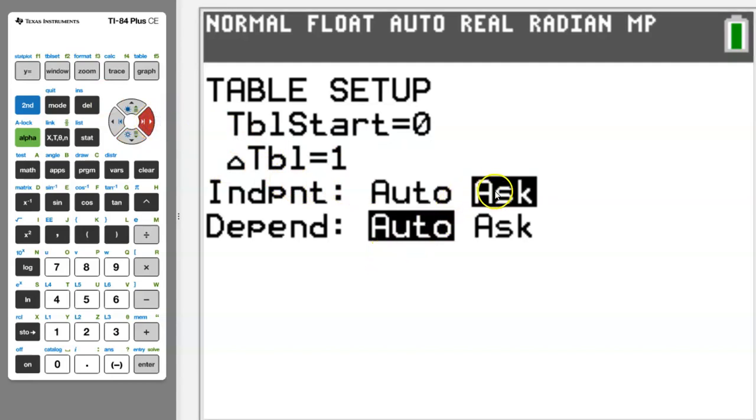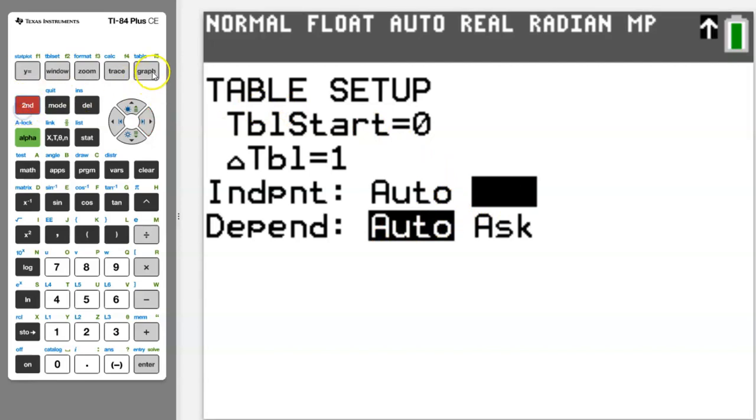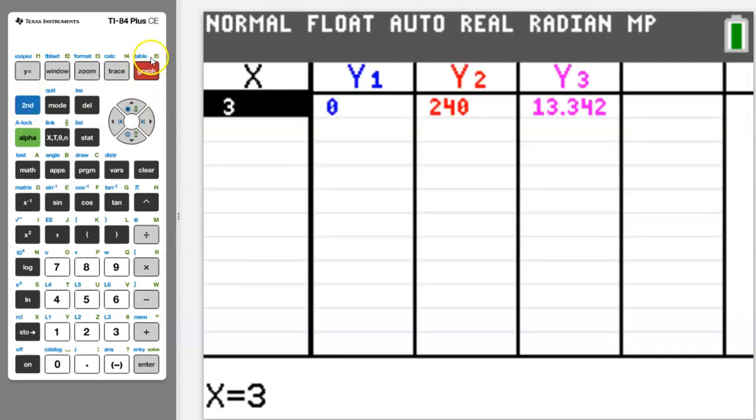All right, so make yours look like mine. Now hit second graph to access the table menu. Notice that we have y3 in the third column. We can type any value we want for x, and the value of y3, in other words the distance, will show in the third column.